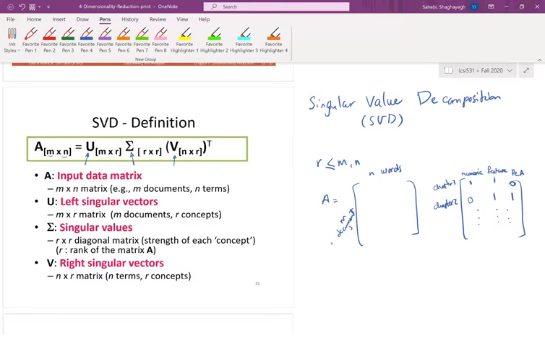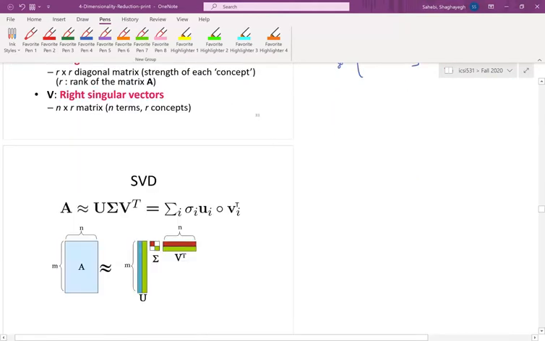They are some latent concepts. The singular values can represent the importance of our concepts, and the right singular vectors can represent how much each word is important in each of the concepts. So we are going to see something like that later on also. So don't worry if you didn't understand this fully.